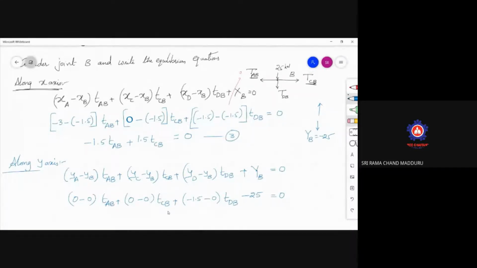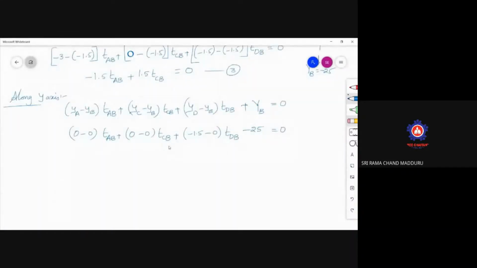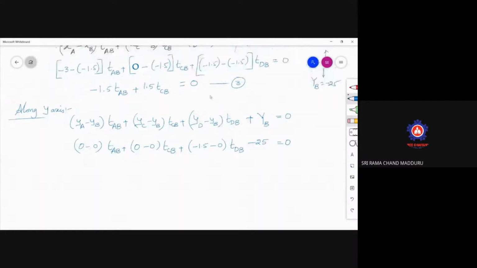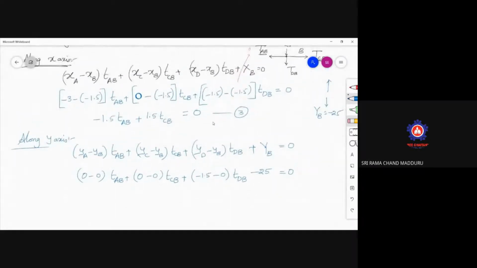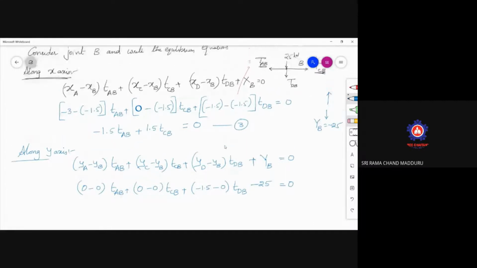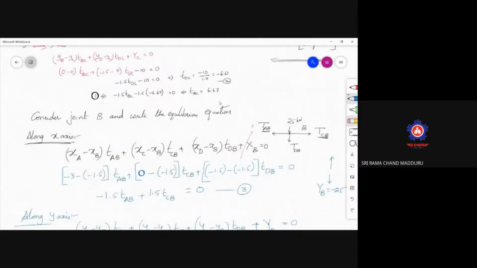Now substitute the values. This is 0 into TAB, 0 into TCB. Here one thing we can do, we skip this. Just understand the value of TCB. TCB or TBC, both are the same. The tension coefficient of BC or of CB, both are the same.